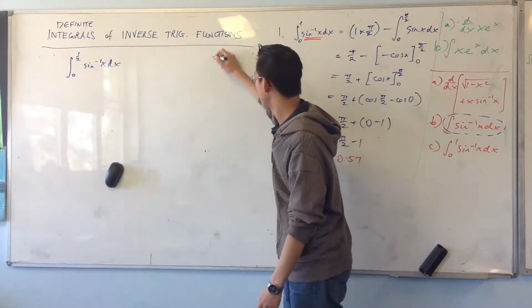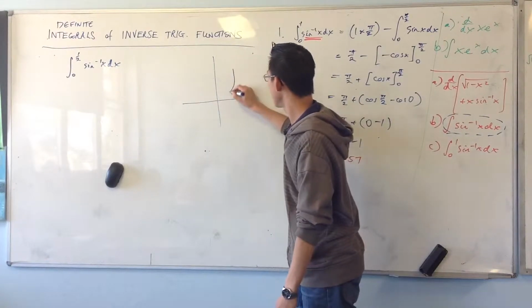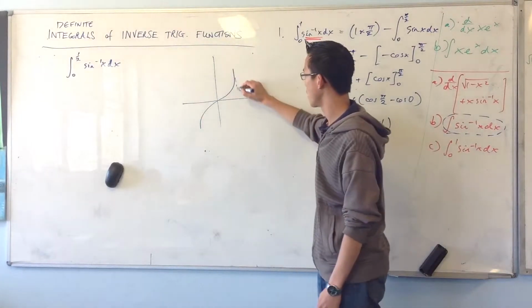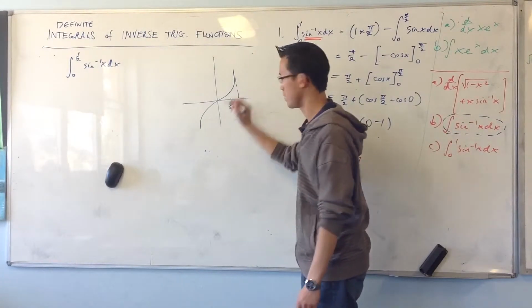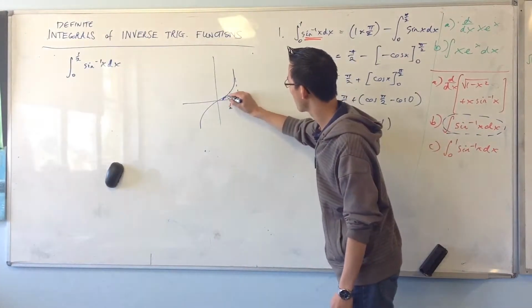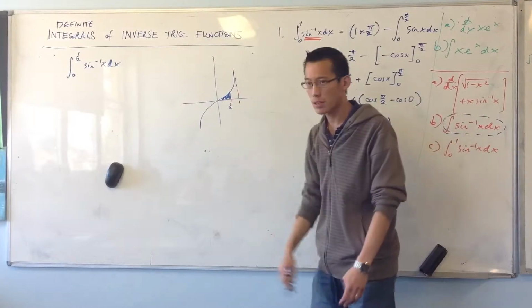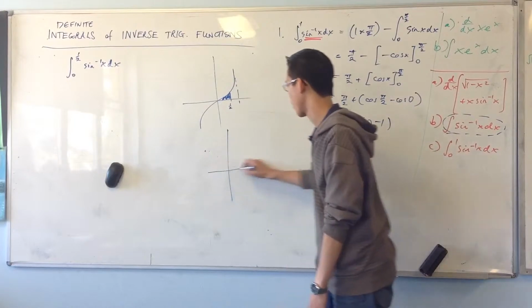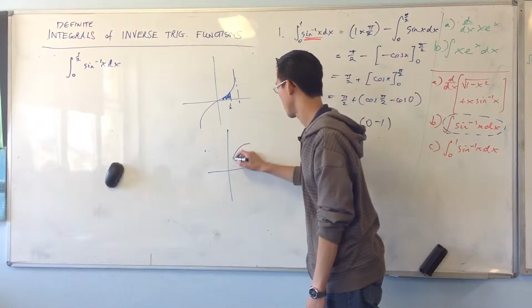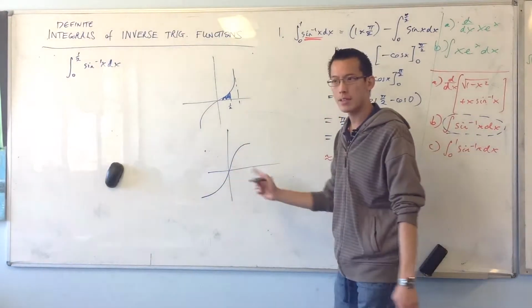So what does this look like? Here is sine inverse, and there's 1. Up to half is here. So there's the actual area that I'm after. Now when I turn this into a regular sine graph, where is this area?